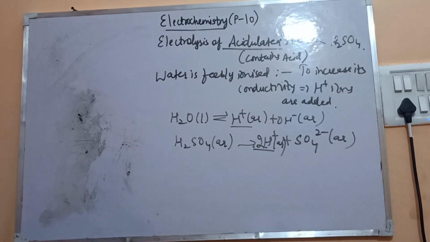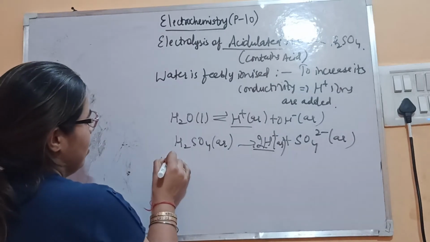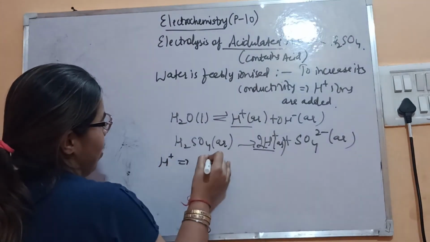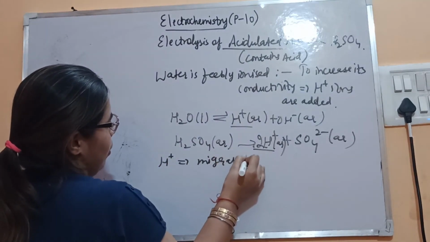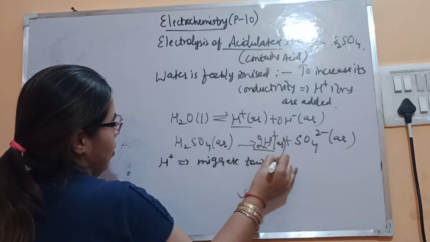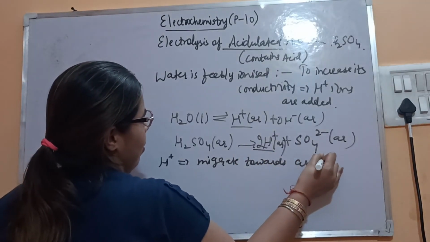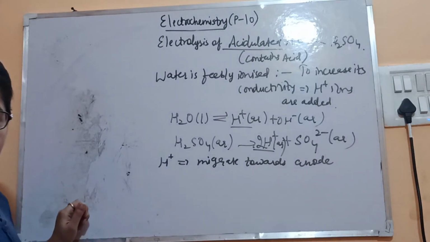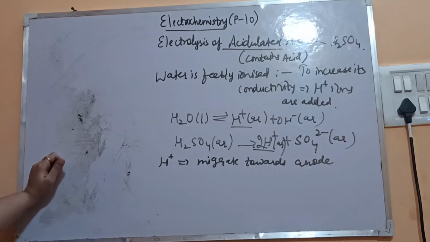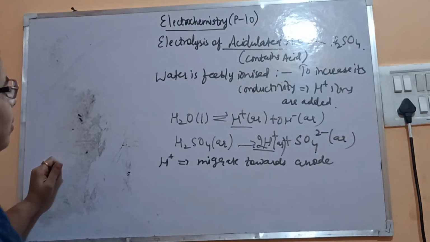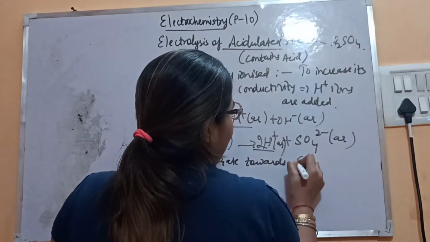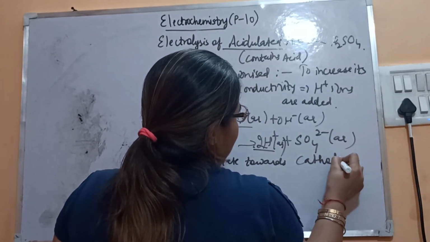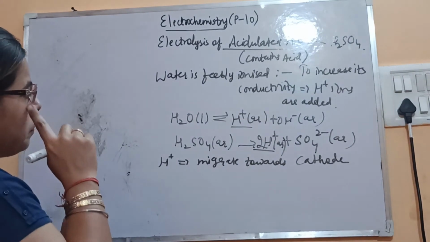So here H plus ions, they just start migrating towards the cathode.